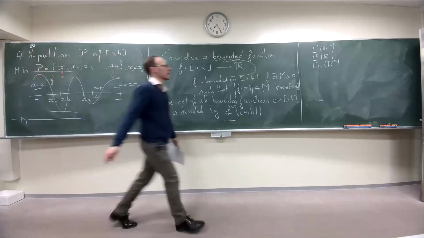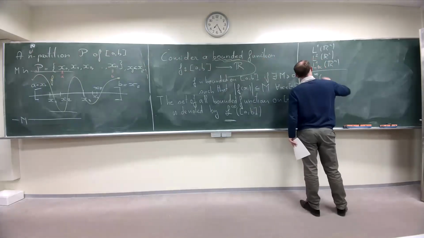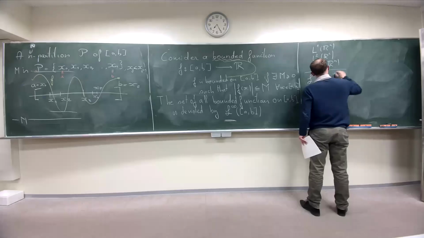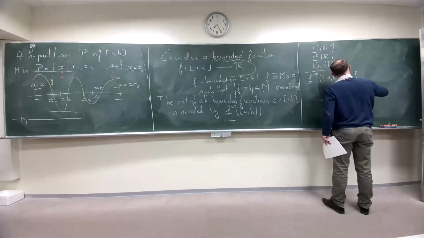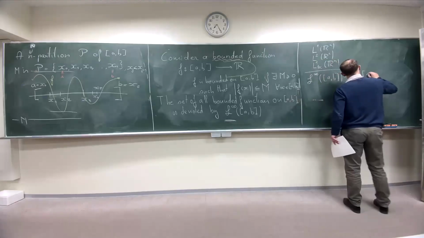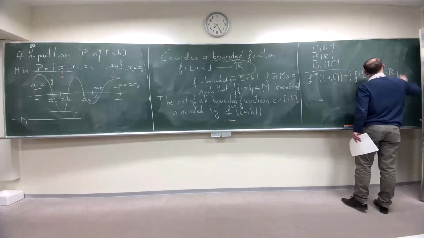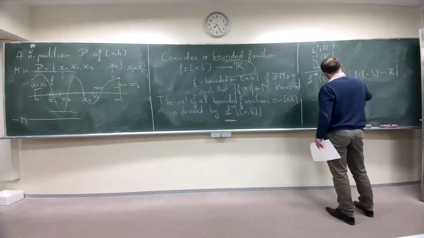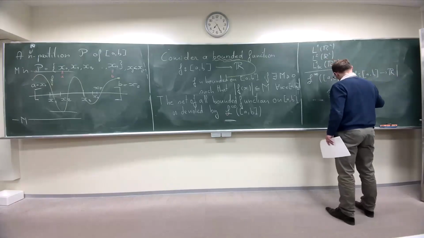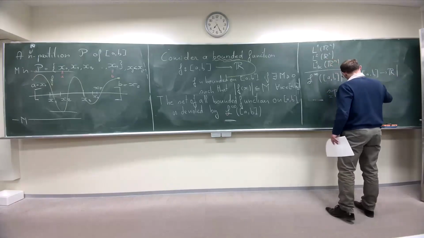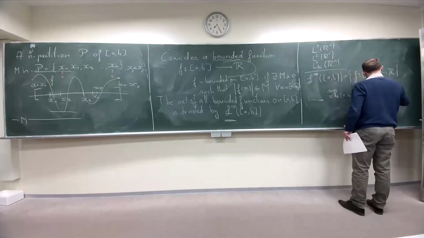So what is this curly L infinity? Let me remind. L infinity of AB is the set of F from AB to R such that sup of X in AB of |F of X| is finite.